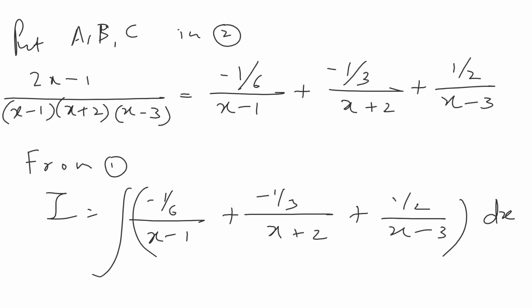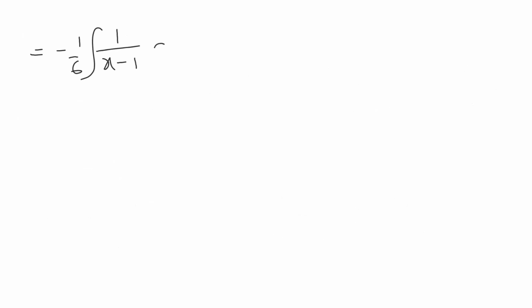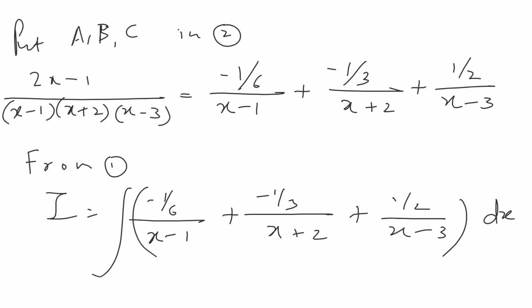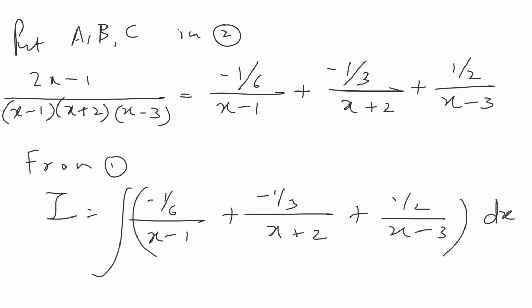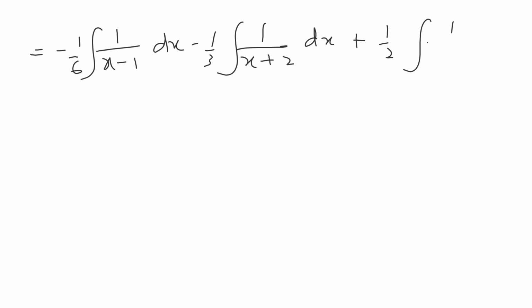So this will be minus 1 by 6 integration of 1 upon x minus 1 dx, plus minus 1 by 3 integration of 1 upon x plus 2 dx, plus half outside, 1 upon x minus 3 dx.